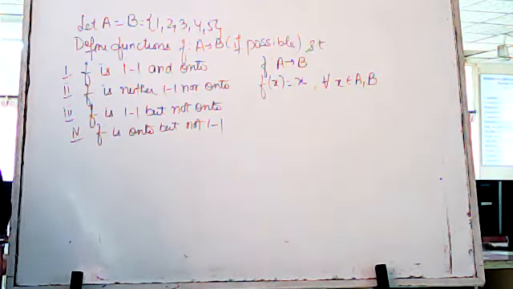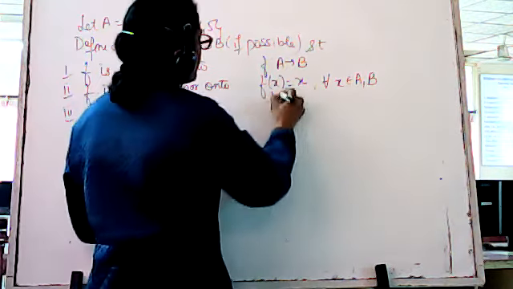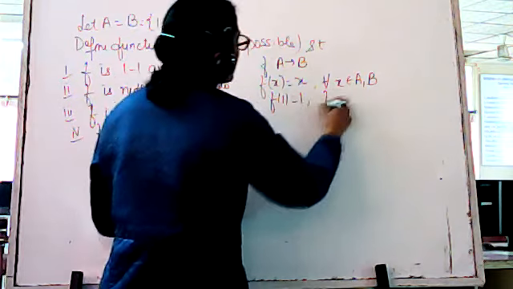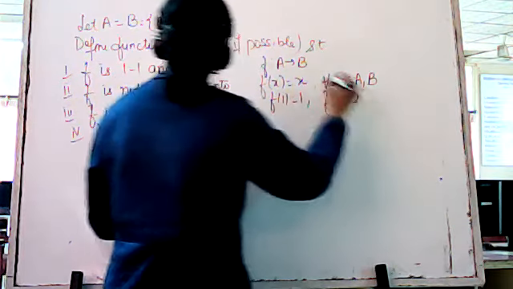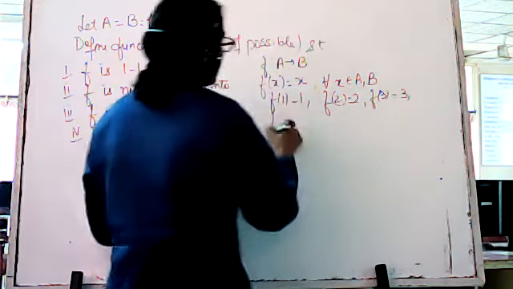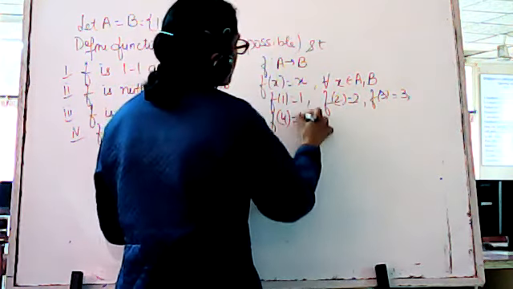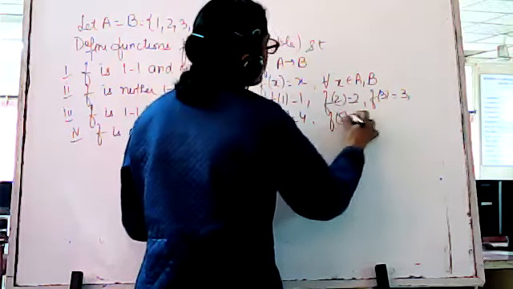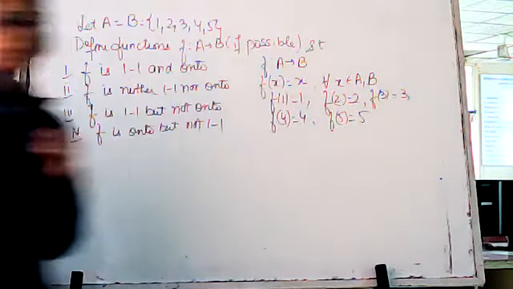That is, f of 1 equals to 1, f of 2 equals to 2, f of 3 equals to 3, f of 4 equals to 4, f of 5 equals to 5.